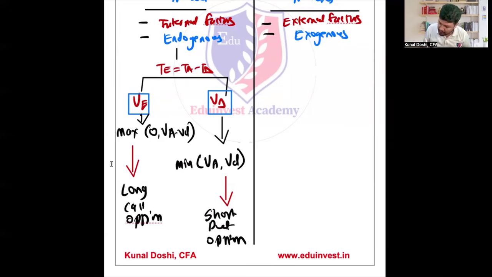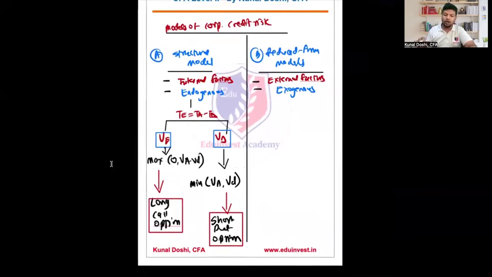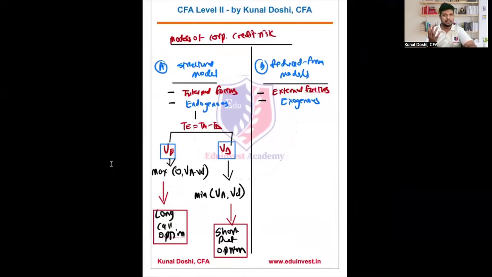So having an equity position is like a long call option position, and having a debt position is like having a short put option position. This is what you need to remember from the exam point of view under these endogenous or structural models.